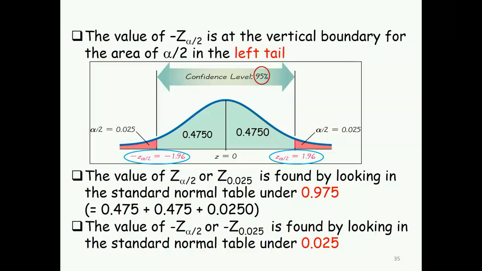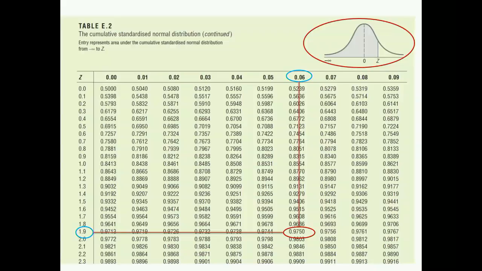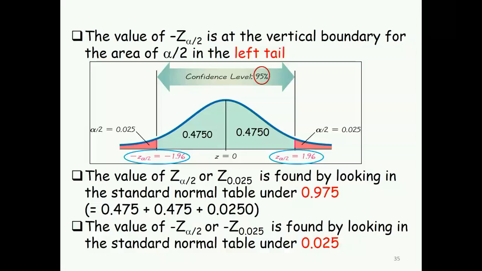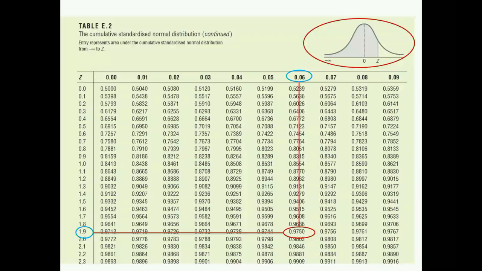So this is simply a theoretical explanation. If you want to find this one, you have to find the probability of 0.975. If you want this number, 0.025 would be enough. So I go to the table, 1.96 gives 0.975, because it is always to the left in our textbook.